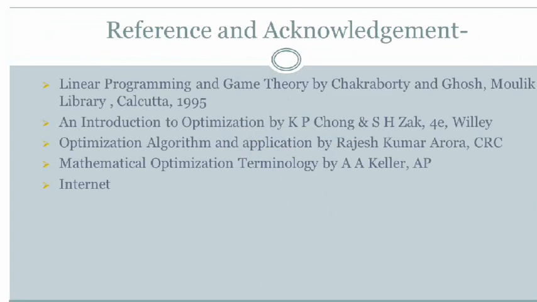So I would like to acknowledge the books and resources, and I would like to refer them for your further study and reference, because the optimization problem is a very growing topic under applied mathematics as well as computational mathematics, in the modern computing era.